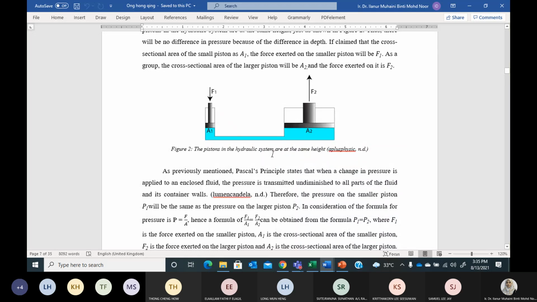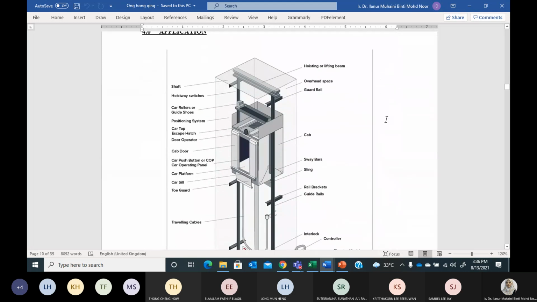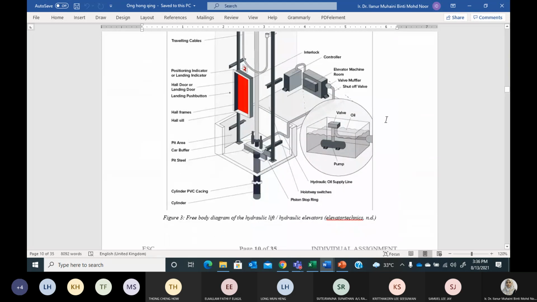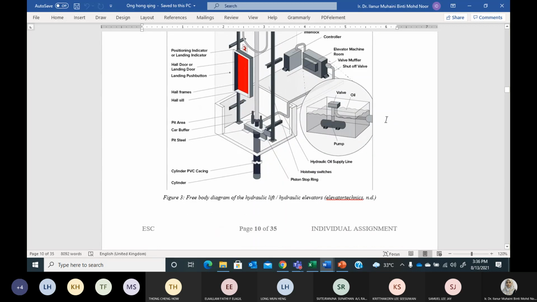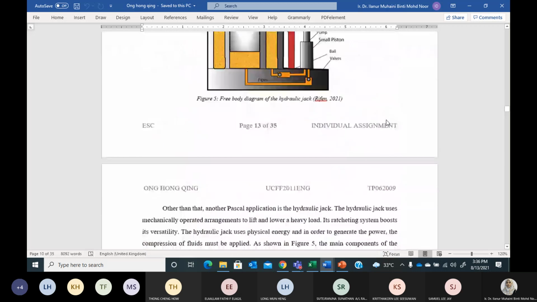Piston in hydraulic system are the same height. Okay, so after explanation, this can be used in where? Application can be in the elevator. Okay, in the elevator, but difficult for you to use elevator as the model.